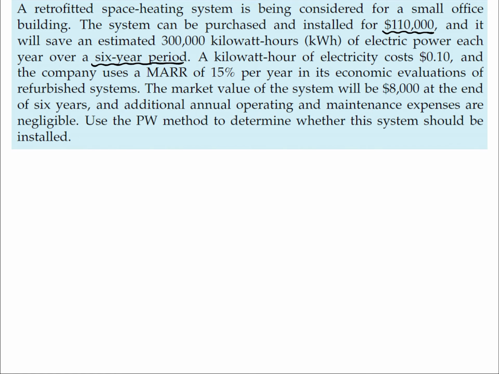So the timeline is a 6-year period. And every year you can save, by using the new heating system, how much? Save 300,000 kilowatts. But how much is that? Don't worry. So 1 kilowatt hour is 10 cents.